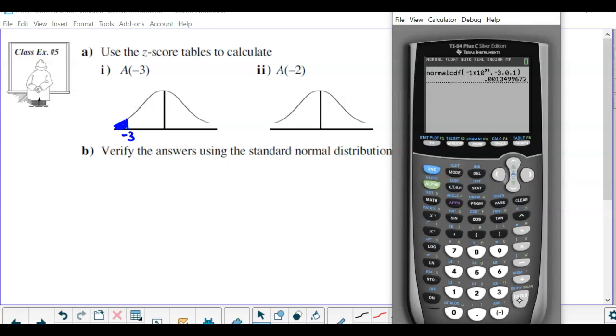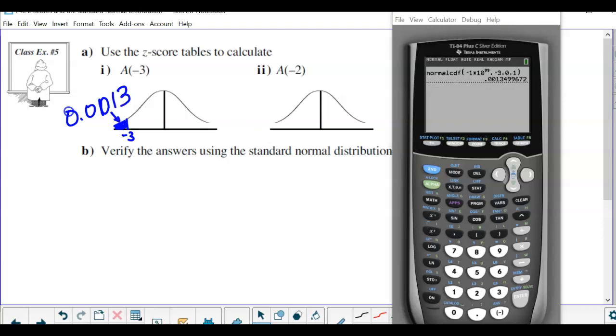So this is 0.0013 when it's rounded, or you can multiply to 100%. And you can just label that area.